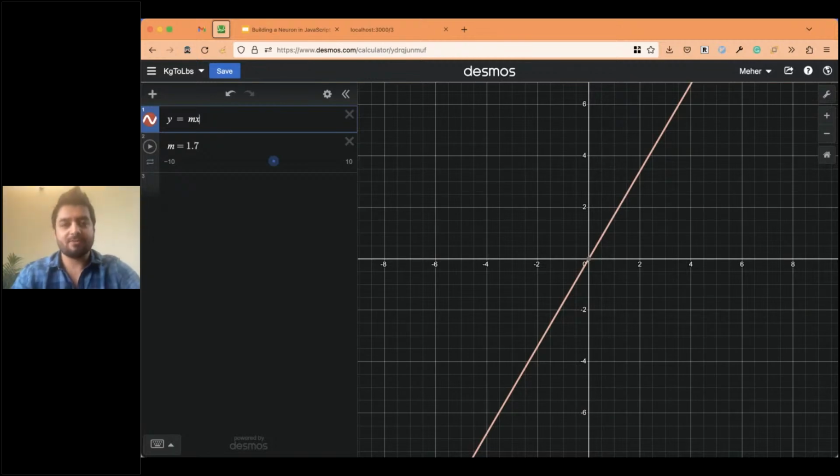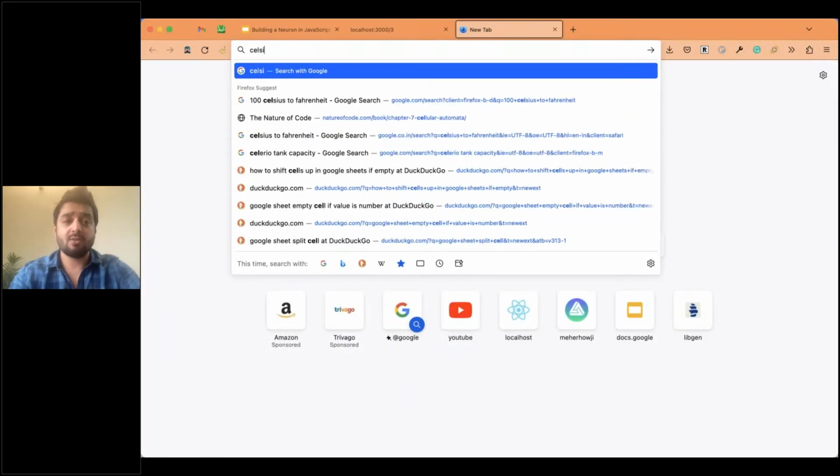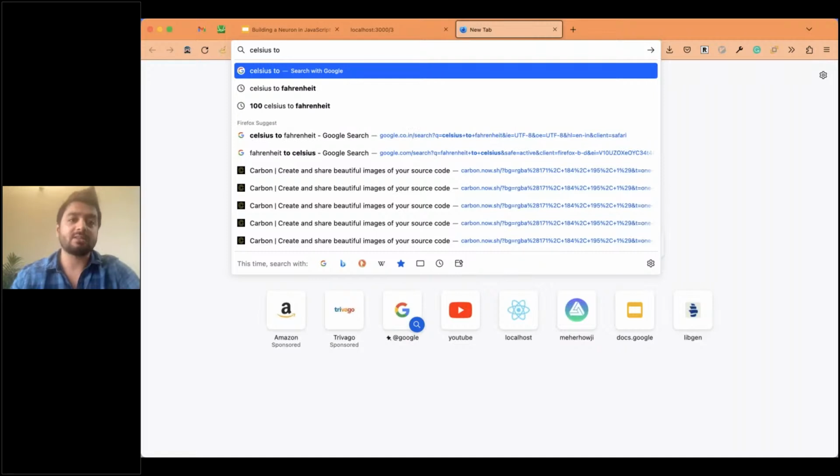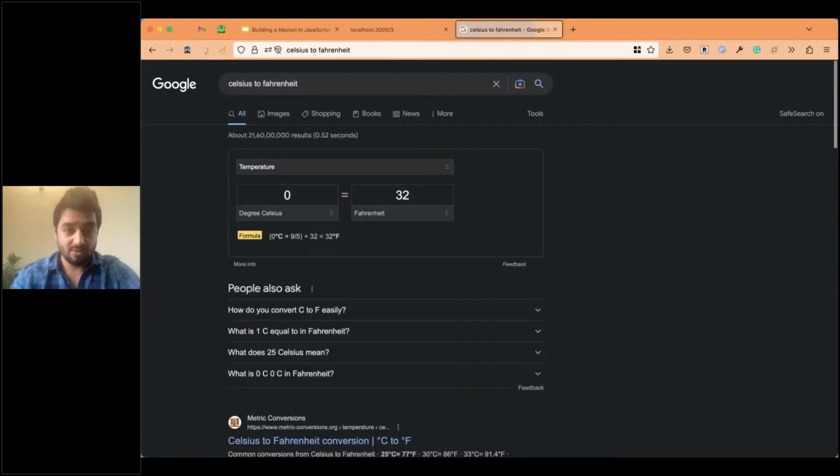So what if the value for x is not 0? Let's say the relationship is like Celsius to Fahrenheit. What is the formula? 9 by 5 plus 32 is Fahrenheit.